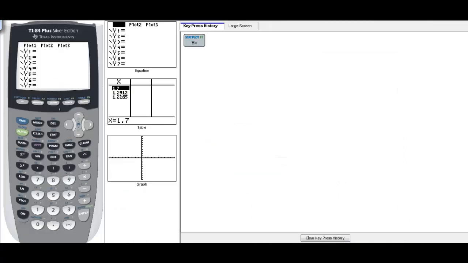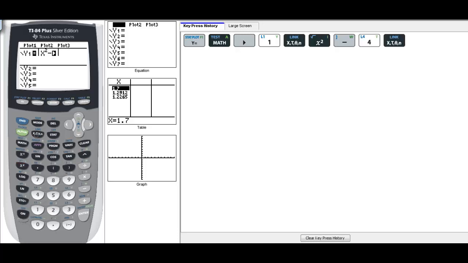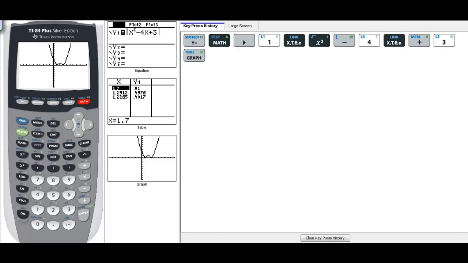So if we go to our calculator, we can type in the absolute value, go over to math, number, and number one is absolute value of x squared minus 4x plus 3. And looking at the graph, we'll zoom in a little bit to change the window.